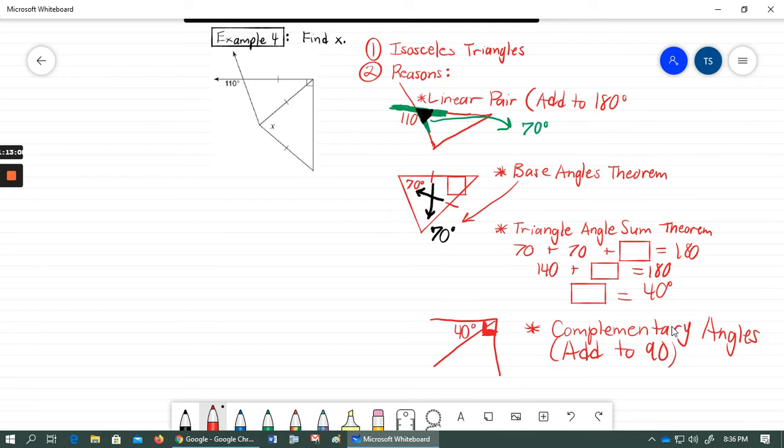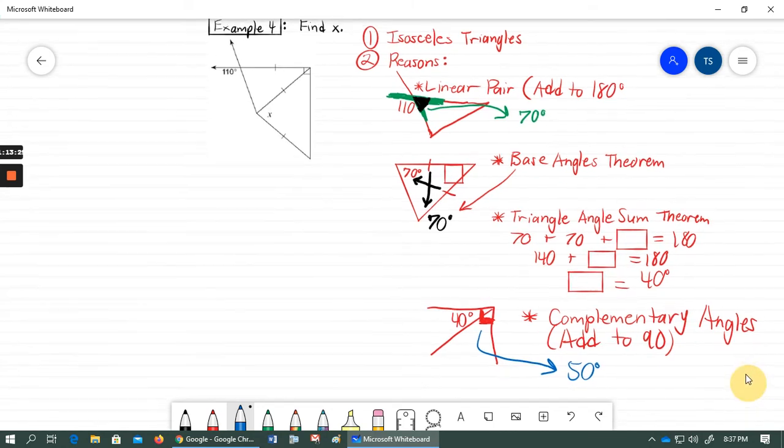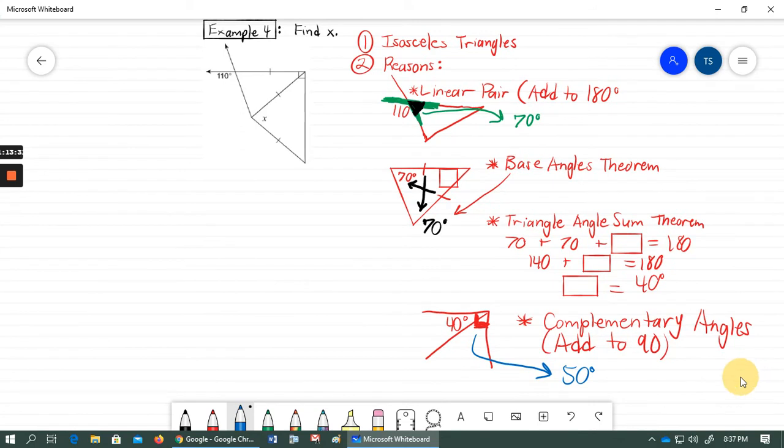So if part of it was 40 degrees, that means that this other angle here has to be 50 degrees, because these two angles are complementary, they have to add up to 90 degrees. That's our reasoning right there.